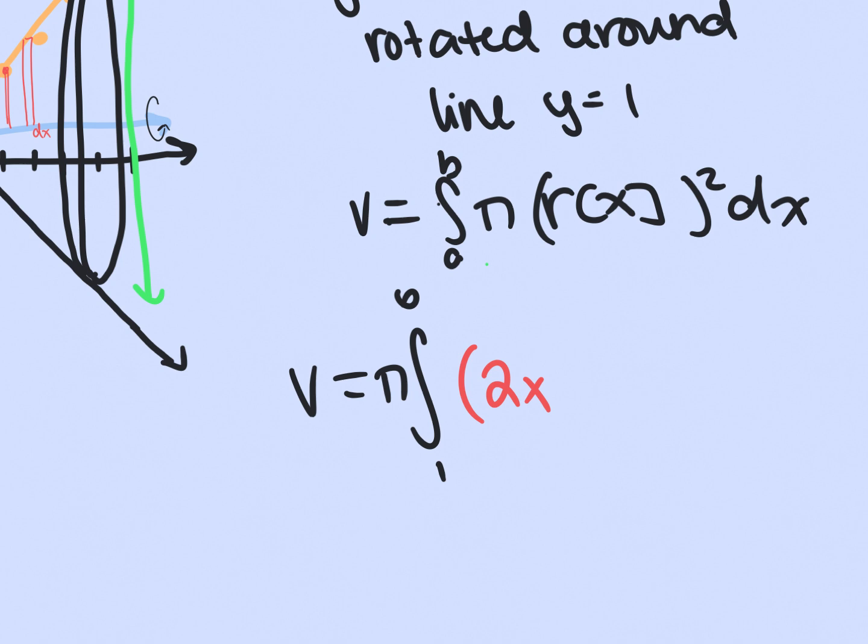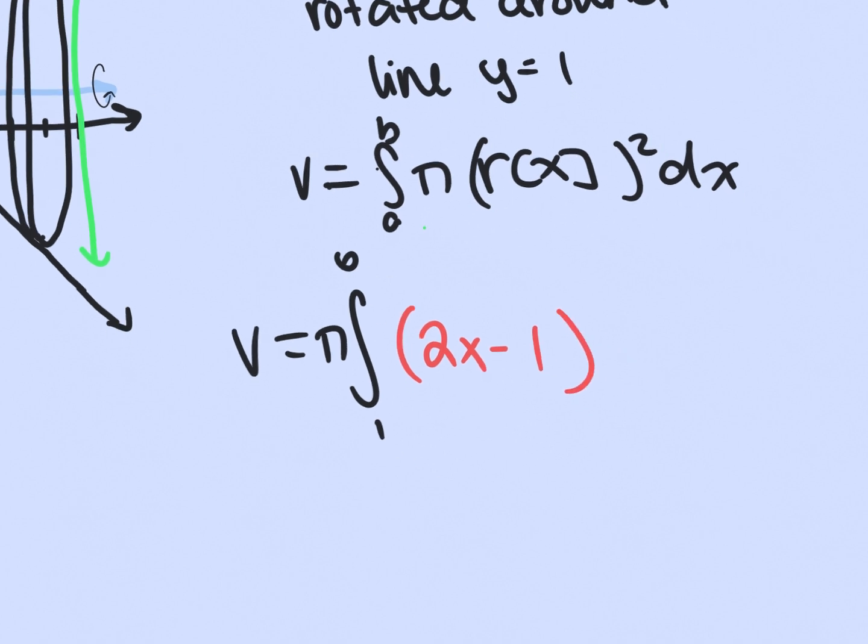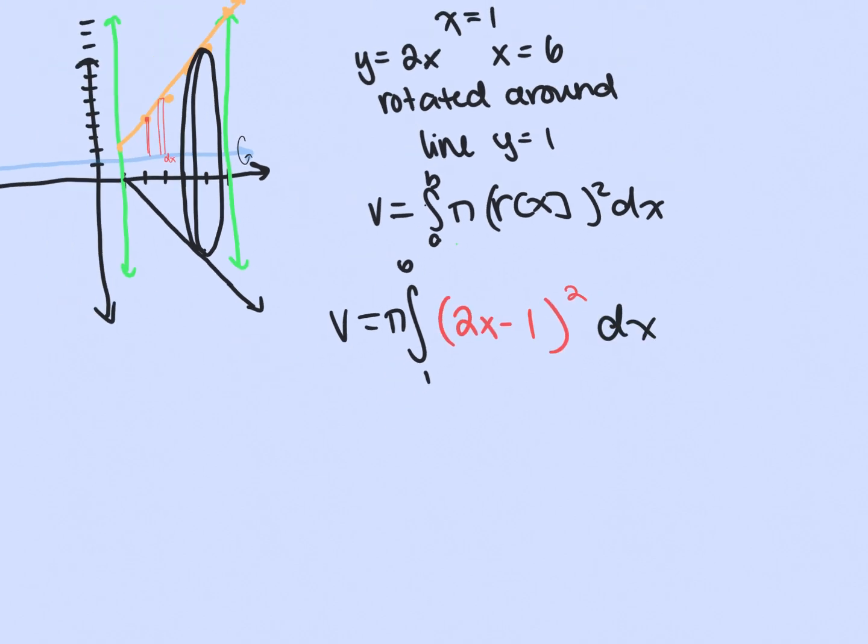plus 1. And it's important for us, not plus 1, minus 1. Now it's important for us to remember to put a bracket around the whole thing, or parentheses, and square it all. And then never forget, of course, dx. Now this is the part, again, where you just have to integrate it.